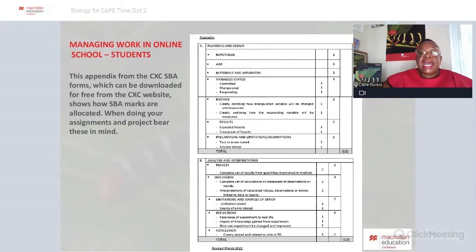For the analysis and interpretation, you see here also we have the discussion of how the marks are allocated. So by downloading this item free, you have an idea of how your particular experiment will be judged, and then you can organize yourself to suit.